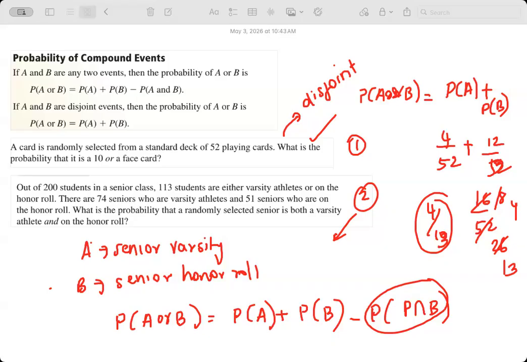So how will I write that? Senior and a varsity athlete, 74 seniors. Oh, that's easy. This one is 74 out of 200. Probability of B is what? B is senior and an honor roll, 51 out of 200. What is this, P of A or B?